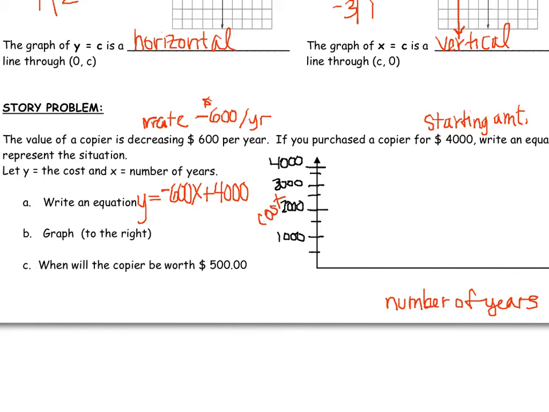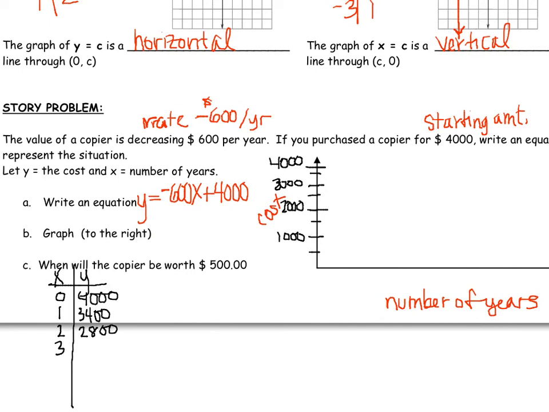Okay, so let's graph this. So graphing our points, let's just make a table here. So my x, y, and at 0 it costs $4,000. After 1 year, I know it decreases by 600, so 4,000 minus 600 is 3,400. After 2 years, it decreases another 600, so that's 2,800.